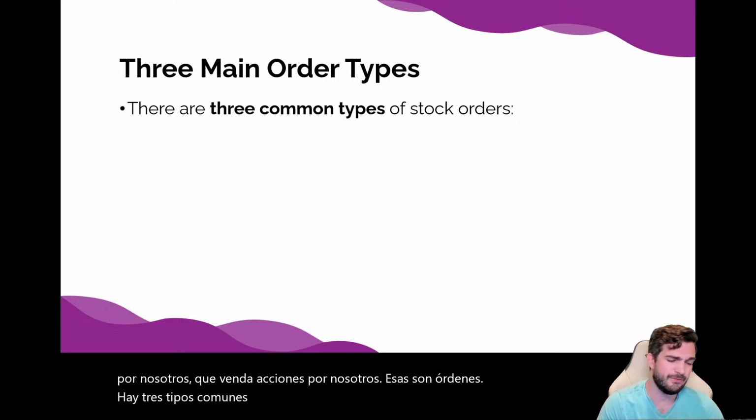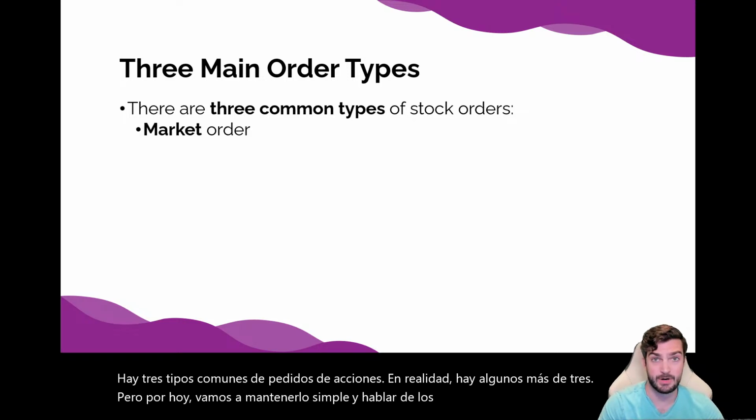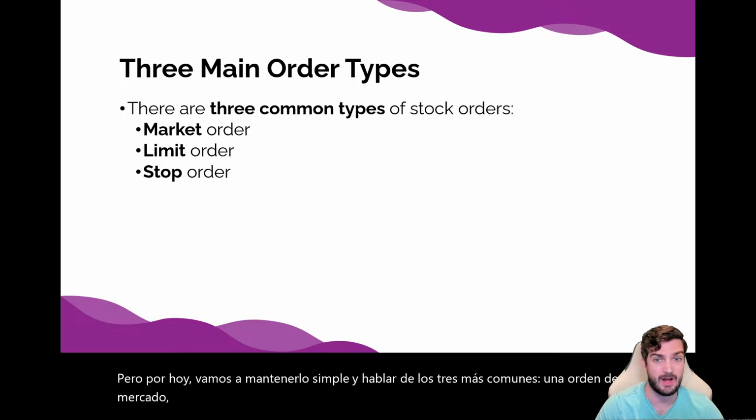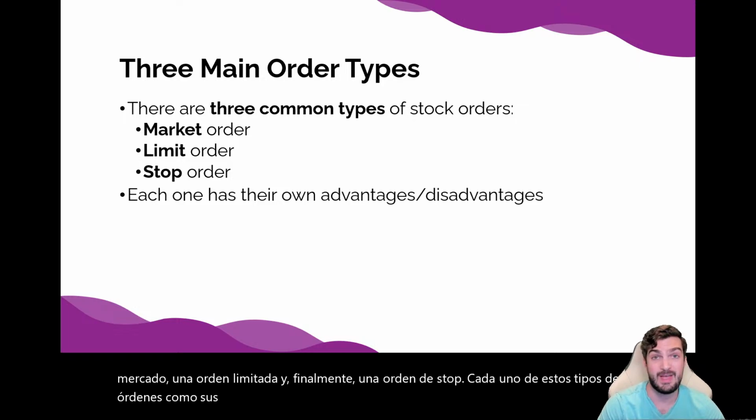In reality, there's a few more than three, but for today, we're going to keep it simple and talk about the three most common: a market order, a limit order, and finally, a stop order. Each one of these order types has its own advantages and disadvantages and has something that makes it unique.